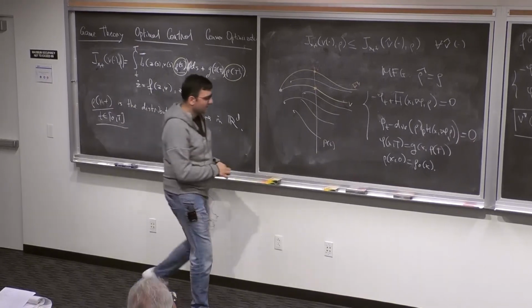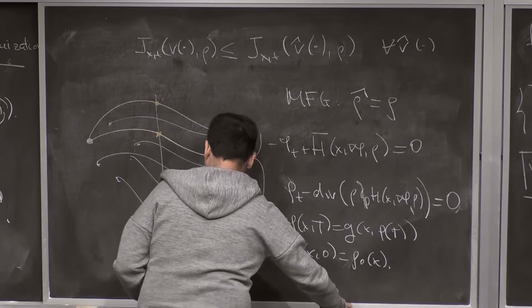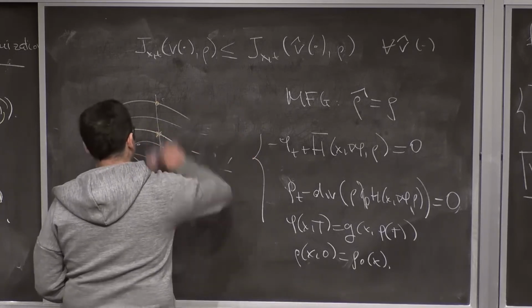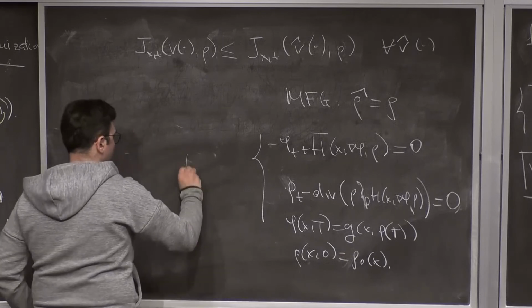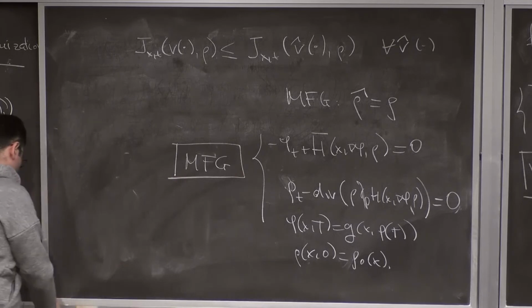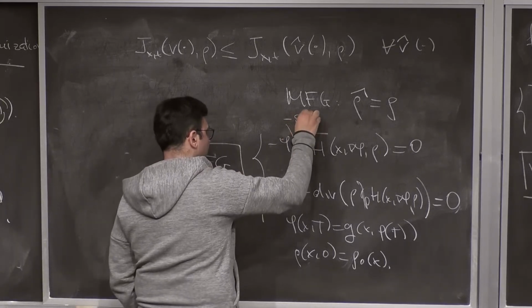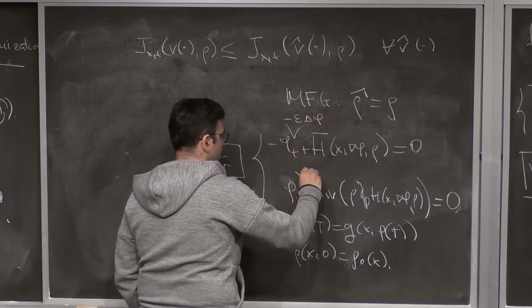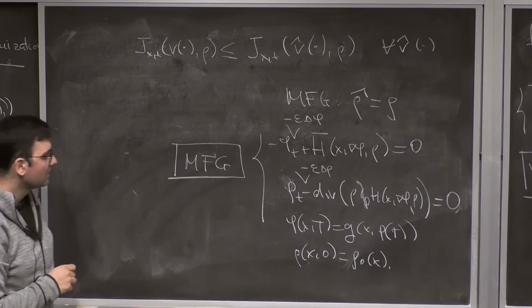So this is the typical mean field game system that is considered in the literature. Of course, the first order case where there is no noise. And in case we have individual noise, you got H and H bar.